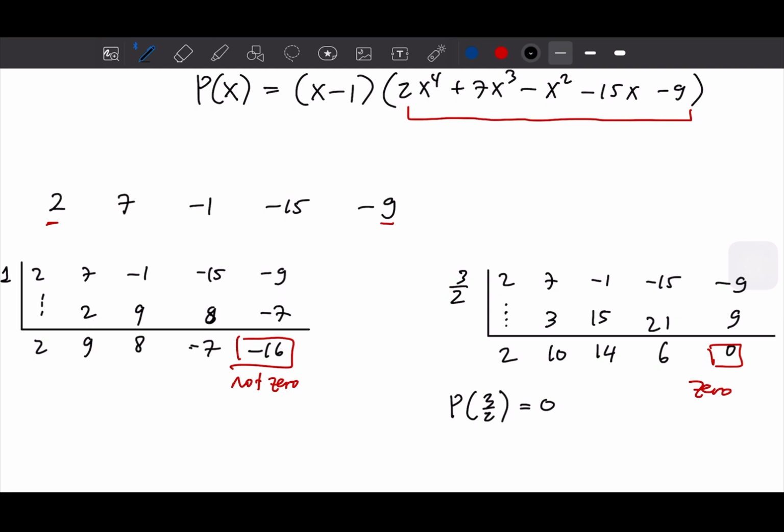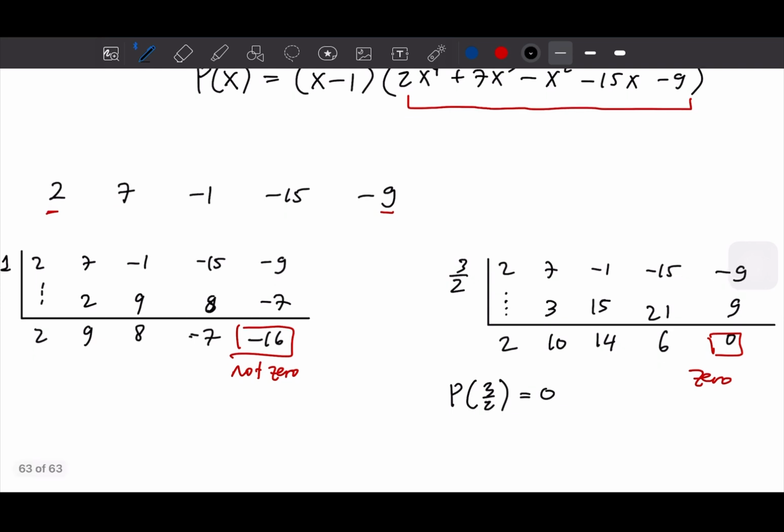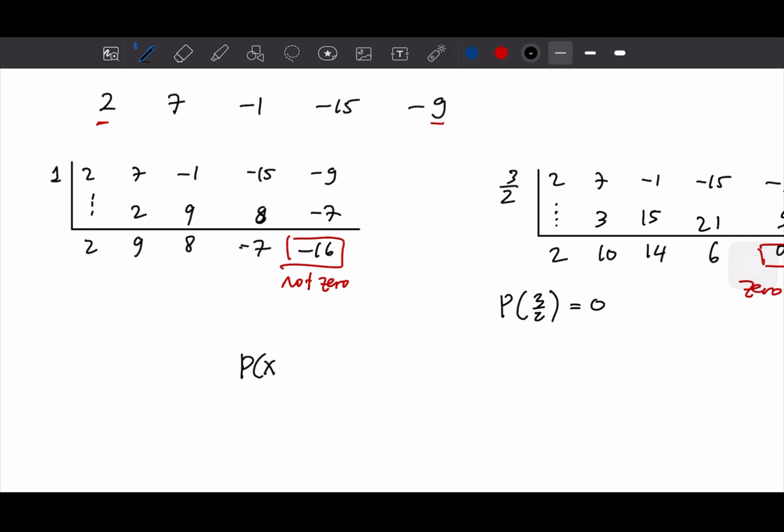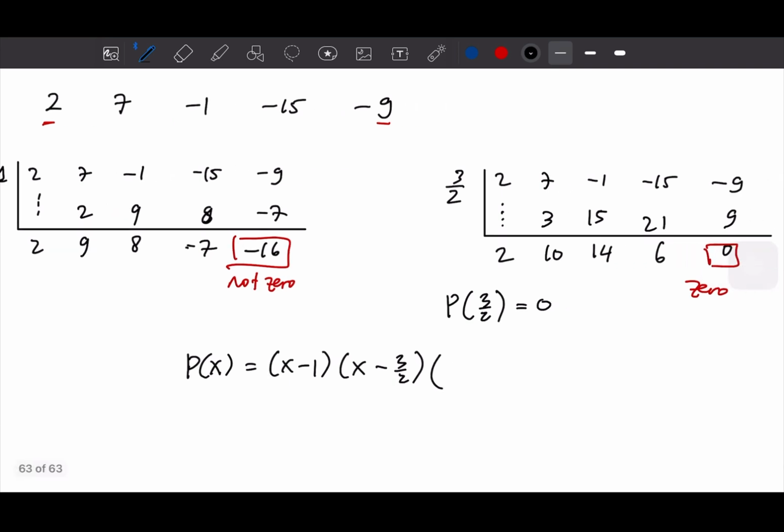And again, we now have our p of x. We could write x minus 1, x minus 3 over 2. Then we can write the whole thing here, 2x cubed plus 10x squared plus 14x plus 6.